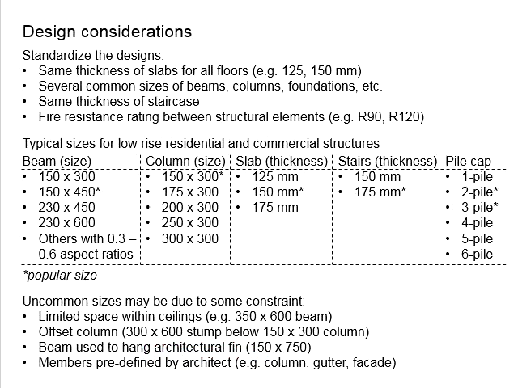There will also be members which are predefined by the architect, certain special shaped columns for aesthetic purposes, the concrete gutter, as well as the facade. In fact, we mentioned this in our previous videos, that you need to observe the cross sections of the building to determine the predefined shapes by the architect, especially in terms of the gutter, or you will need to consider the necessity to hang certain architectural things.